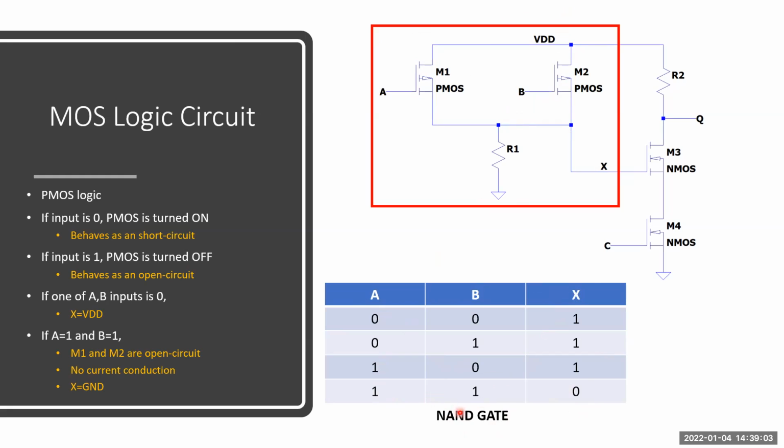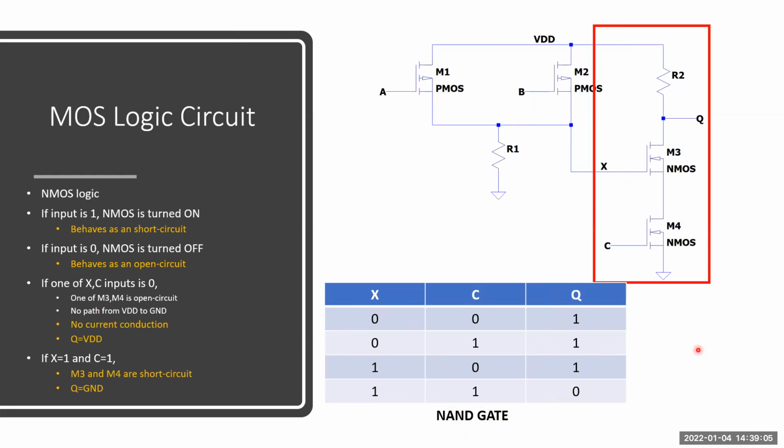Okay. What about the second frame, the second stage of the circuit? This is the NMOS logic actually. In NMOS logic, if the input is 1, the NMOS is turned on, it behaves as a short circuit. If the input is 0, the NMOS is turned off, it behaves as an open circuit.